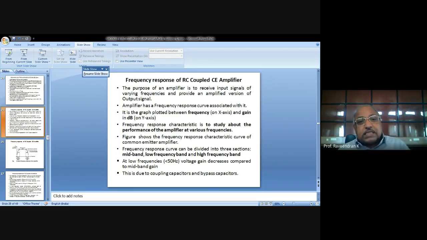The output of the previous stage, the capacitor coupling CC stage, when connected to the next stage, will have the next stage's amplification circuit acting as a load for the first stage.